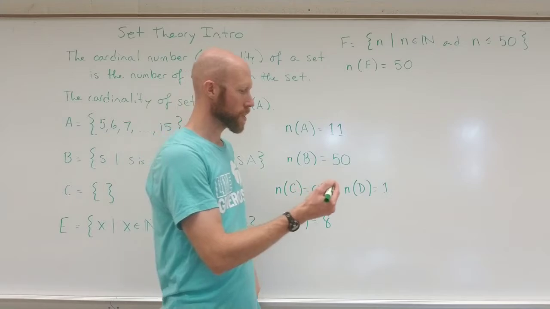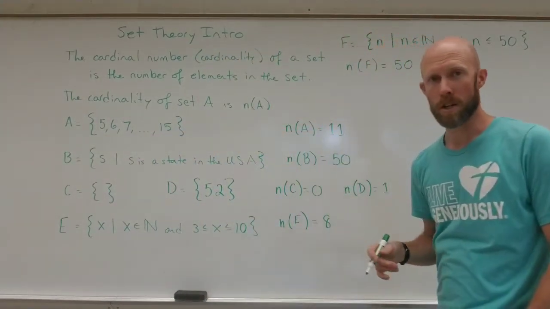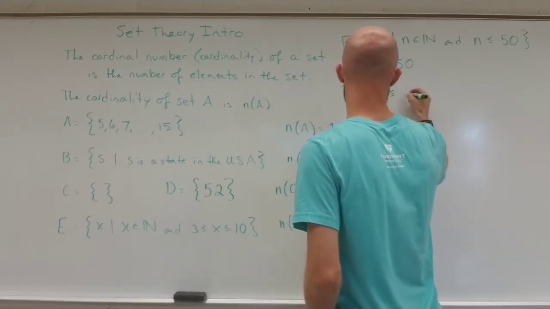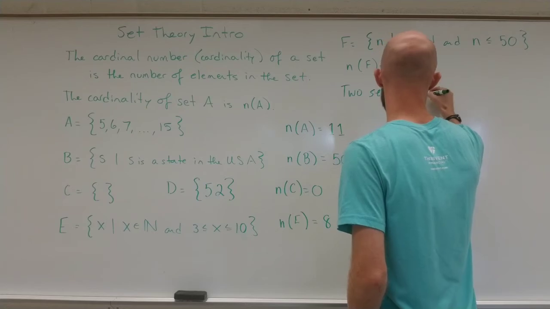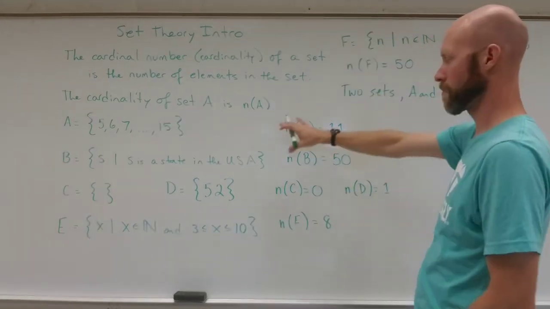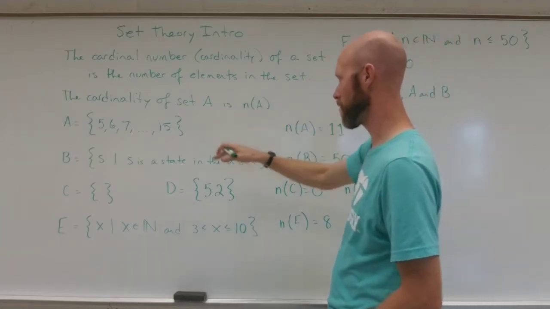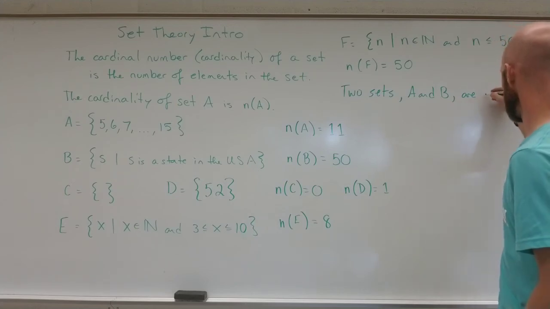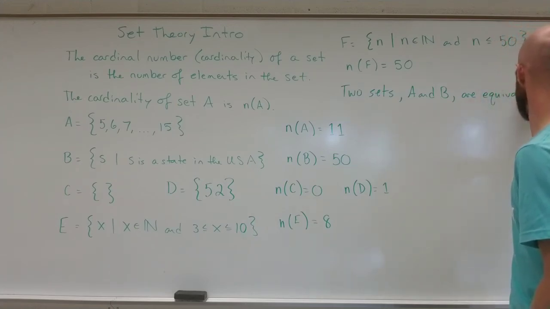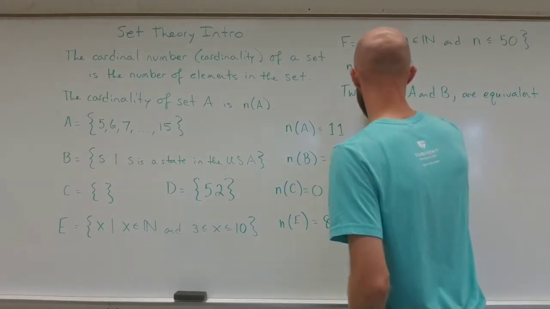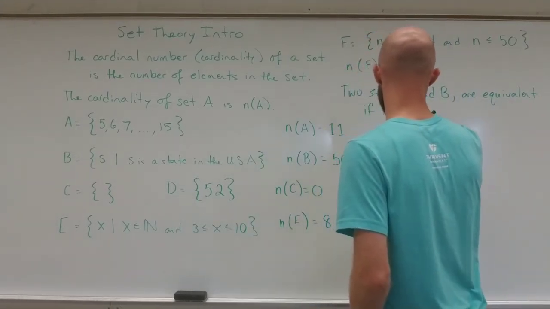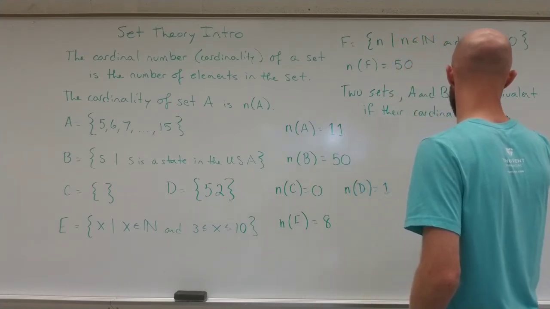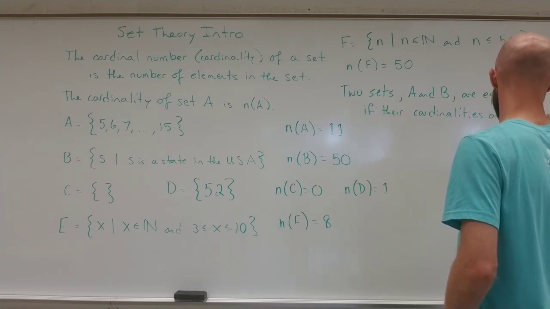And so we say that 2 sets are equivalent, we'll call them A and B. Doesn't matter. It could be F. I guess in this case it's F and B, but it doesn't matter. 2 sets A and B are, I'm writing this generally now, equivalent if their cardinalities are the same.